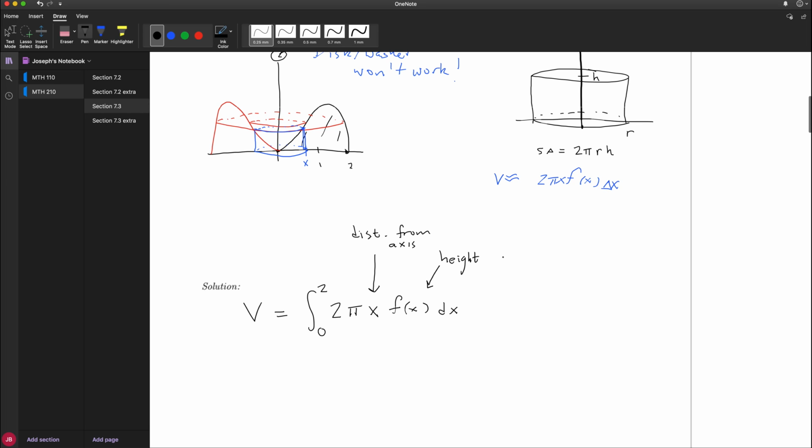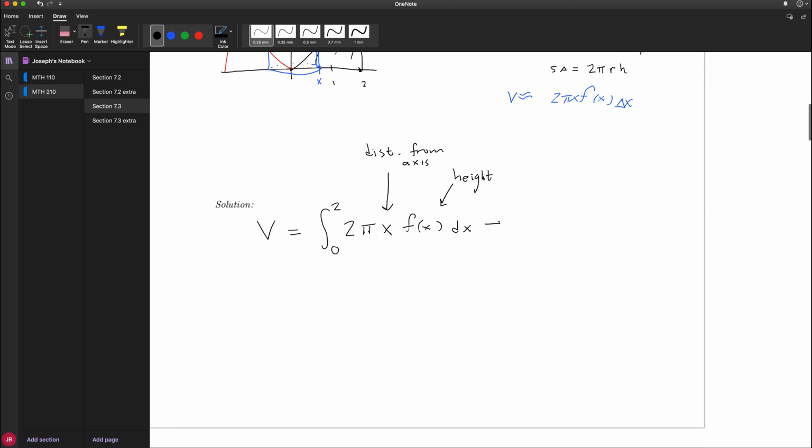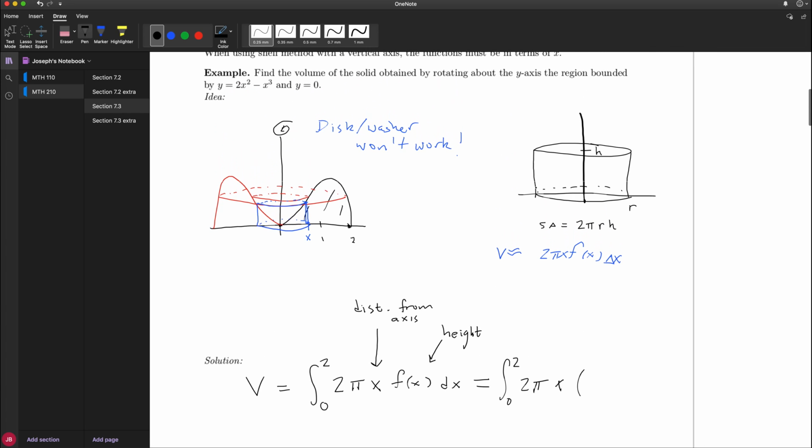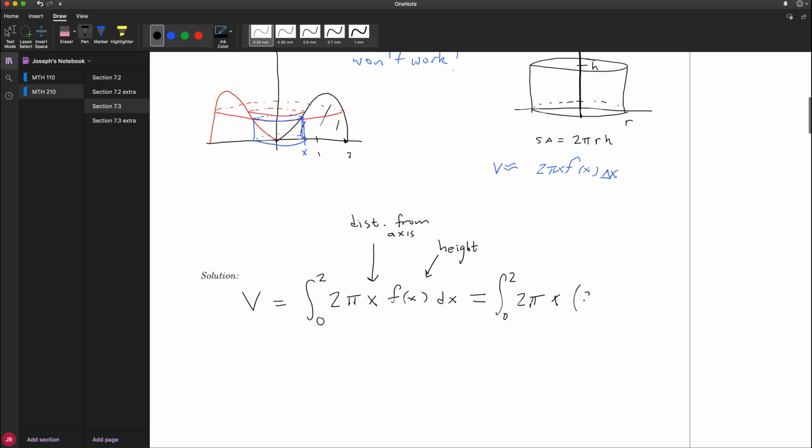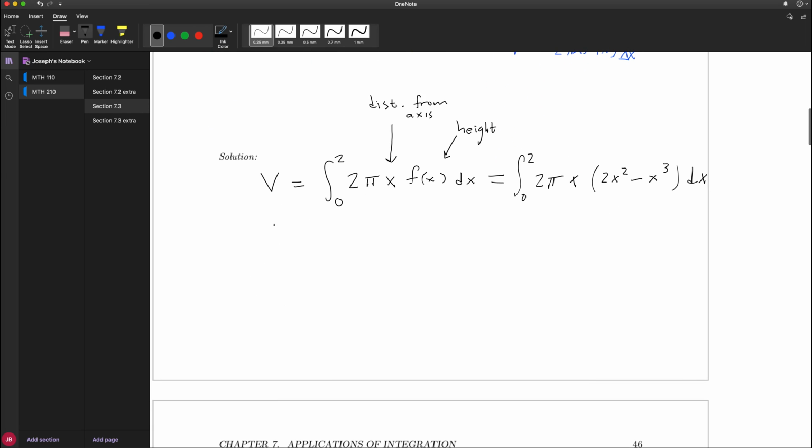Now it's just a matter of integrating this. So this is the integral from 0 to 2 of 2 pi x times f of x, which, going back up here, is 2x squared minus x cubed, dx.